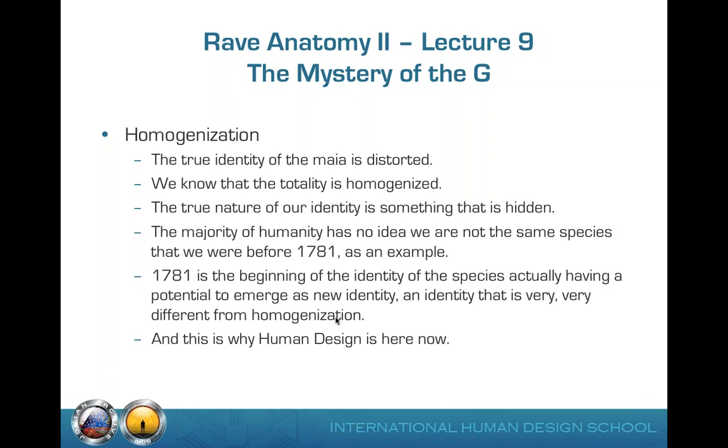They have no idea. And 1781 is the beginning of the identity of the species actually having a potential to emerge as new identity, as identity that is very, very different from homogenization. Wow, that's a mouthful. And this is why human design is here now.